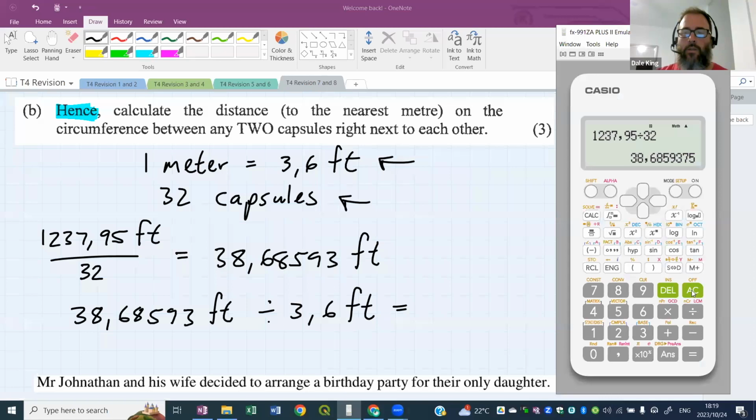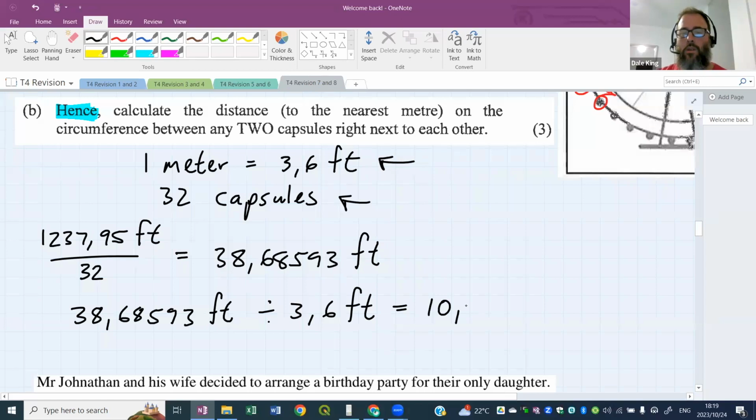I'm just going to take my answer there on the screen and divide by 3.6. And there we go. 10,74609 meters, which rounds off to 10,75. Well done. Good job, everyone.